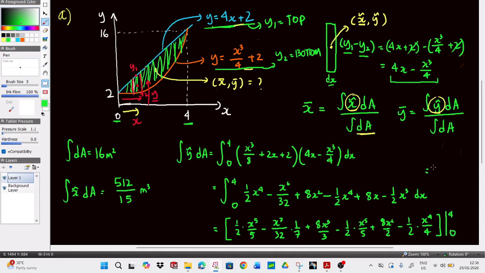So I'm going to use my calculator to get the answer, so let's have a look. So 1 over 5 minus 1 over... cube minus 1 over 10 x to the power of 5.